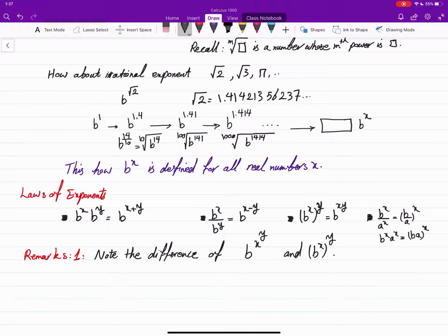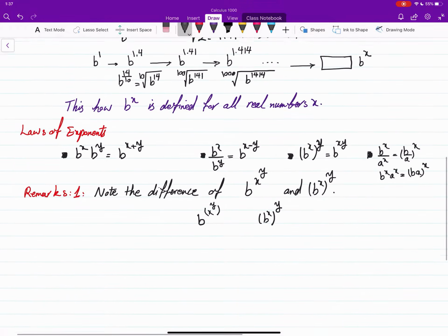These are completely different things. What the first one means is to first find x to the power y, that is a number, and put it as the exponent of b. The second one says first find b to the power x, that's a number, and now you can find the exponent of that.